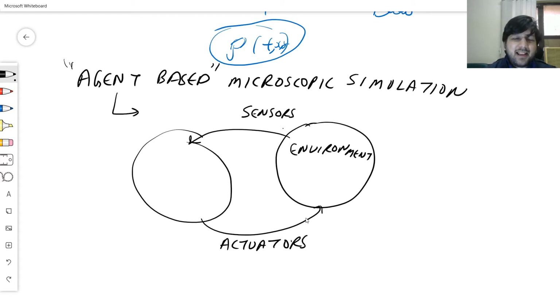Now, an agent could be many different types, and now I'm referring to a standard AI theory. So many of you are deliberative agents. You plan everything in your head. You say, okay, if I do this and then I do that and then I do that, what will happen? You need to go from here to the market, and then you say, okay, this is the time of the bus.